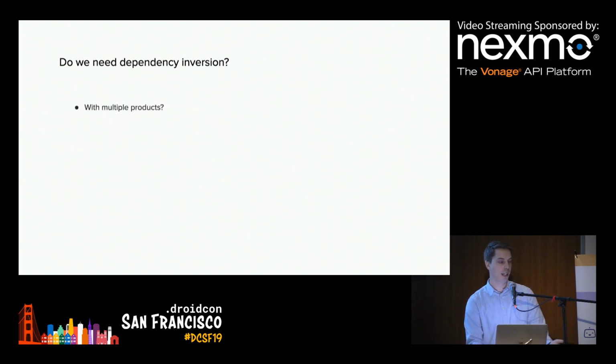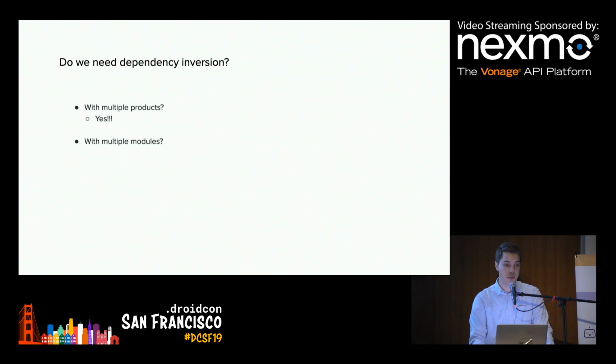Let's say in our case where we ship multiple products every 2 weeks. The clear answer is yes, you definitely want dependency inversion because we want to swap implementations for different products. For example, some of our apps don't use or cannot use Firebase, and we want to use our own push message implementation. Whereas apps that we ship in the Google Play Store can rely on Firebase for push messages.